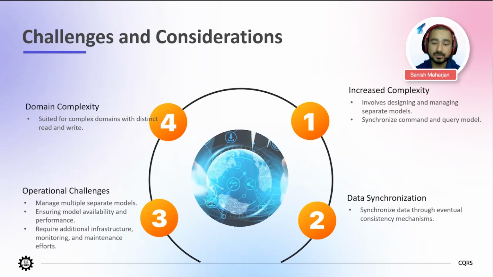We need to check the performance, and the developer, the one who is developing the system, needs to have all that information about dealing with multiple databases, multiple models, and synchronizing mechanisms. So there are a lot of operational challenges as well.